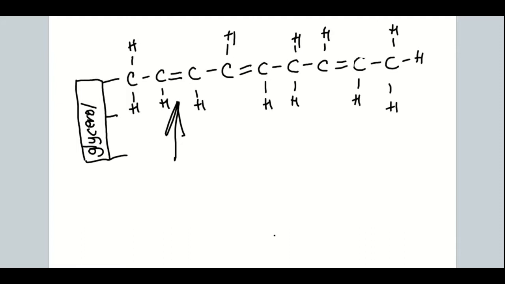So this would be a polyunsaturated fatty acid, and polyunsaturated fatty acids are usually liquid at room temperature, and the unsaturated are also usually liquid at room temperature. Okay, so the saturated are usually solids.